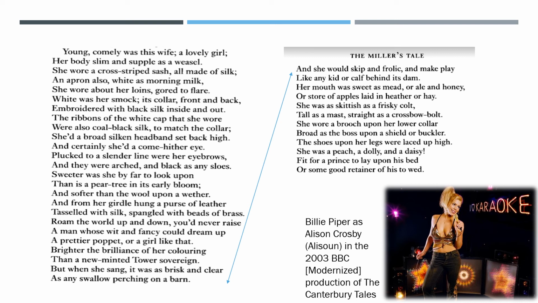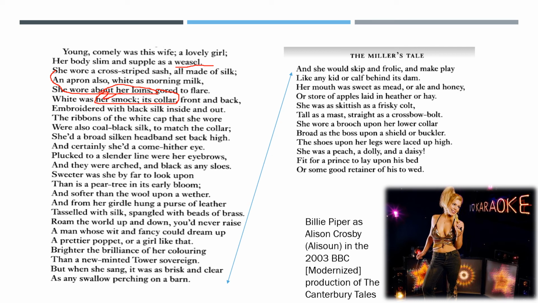So here goes. Young, comely was this wife, a lovely girl, her body slim and supple as a weasel. She wore a cross-striped sash, all made of silk, an apron also, white as morning milk, she wore about her loins. Gored, flared, white was her smock, its collar, front and back, embroidered with black silk, inside and out.